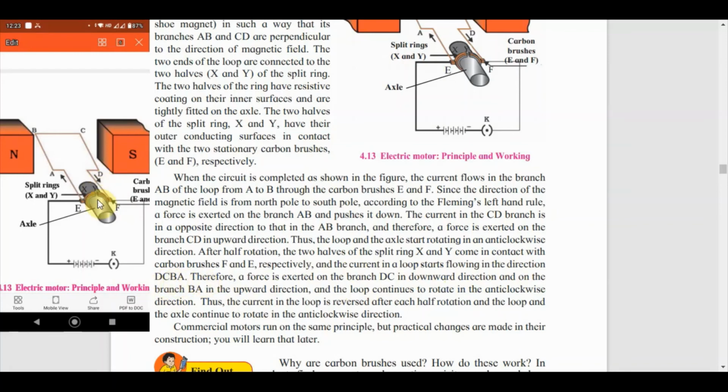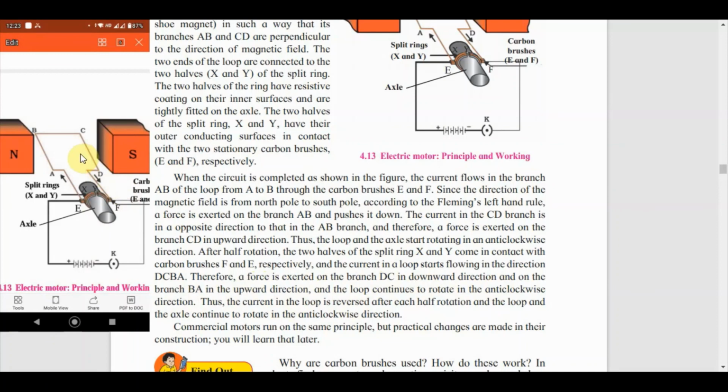Now all the positions will change. E will become F and F will become E. So here you will have F and here you will have E. CD will come in the position of AB and AB will come in the position of CD. Therefore a force exerted on the branch DC is in the downward direction and on the branch BA in the upward direction.